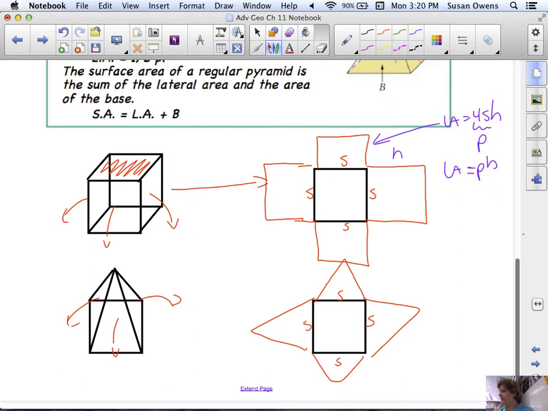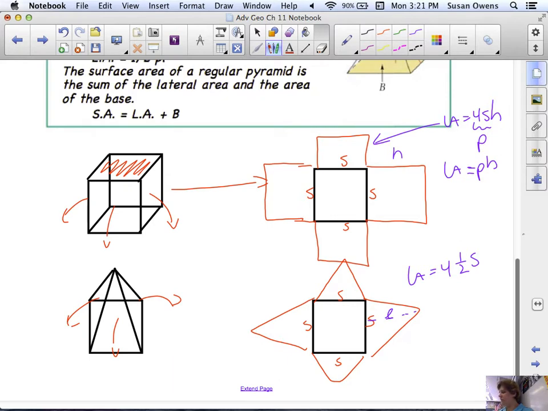The lateral area is still going to be 4S. But if you take a look at each one of these sides, the area of these is 1/2 S times H. And instead of calling this H, this is actually that slant height thing.